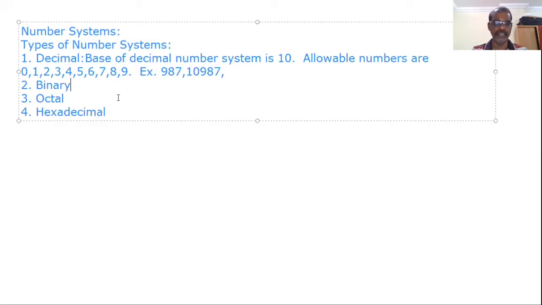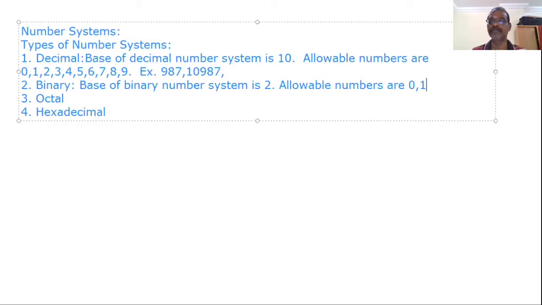Second one is the binary number system. The base of the binary number system is 2. The numbers are either 0 or 1. That's all. Here only 0 and 1 are allowed. That is why the base of the binary number system is 2.